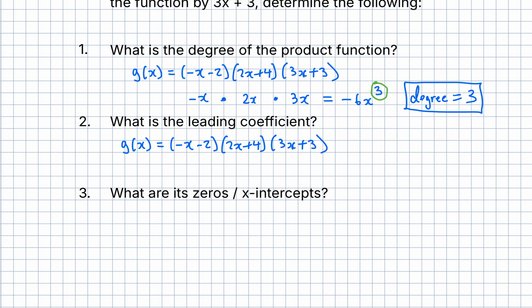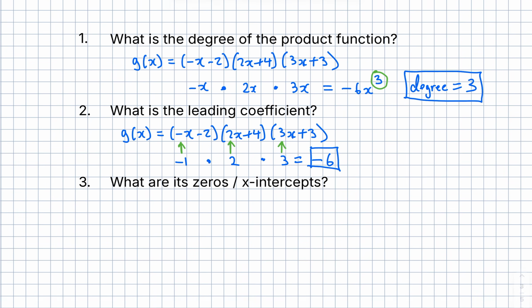So we're looking at the following: the coefficient here, the coefficient here, and the coefficient here, okay? We see that coefficient is negative 1. We're going to need to multiply that by 2, and then we're going to need to multiply that by 3, and this works out to negative 6. Okay, so my leading coefficient is negative 6.